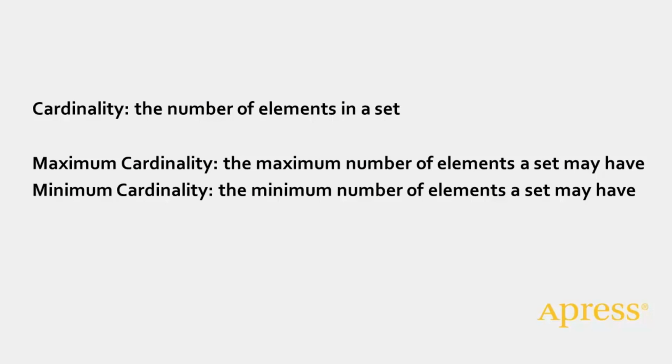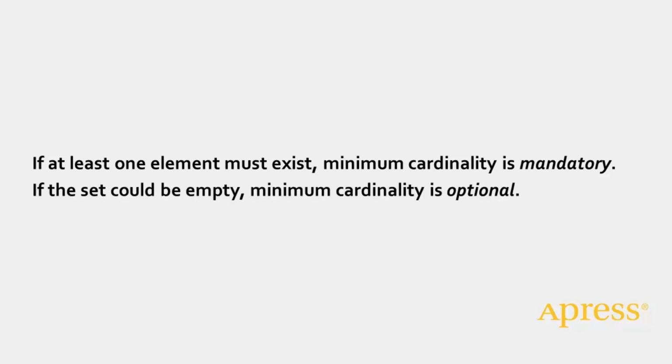For maximum cardinality, the thing that matters is whether the maximum number of elements is more than 1. For minimum cardinality, the thing that matters is whether the minimum number of elements is less than 1, namely 0. If at least one element must exist, the minimum cardinality is said to be mandatory. If the set could be empty, the minimum cardinality is said to be optional.